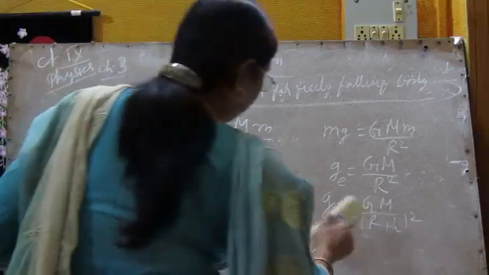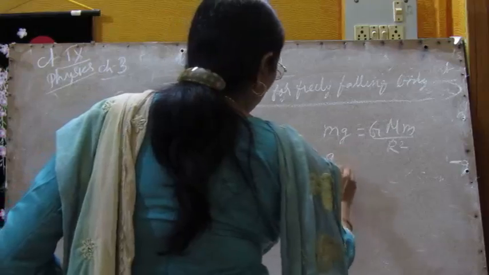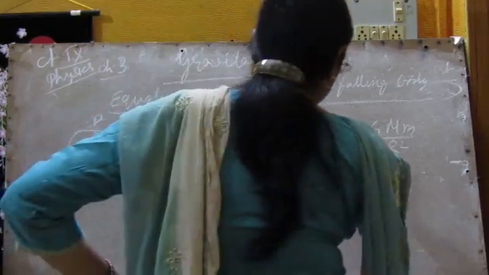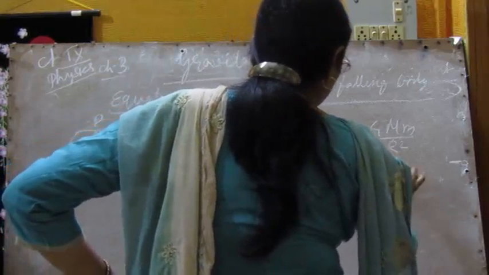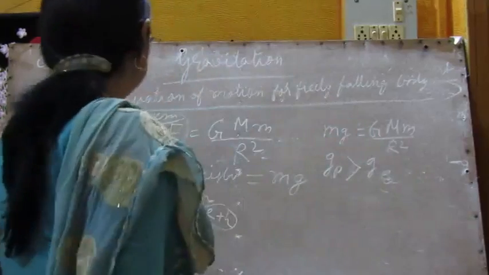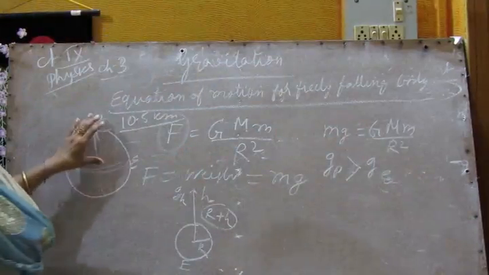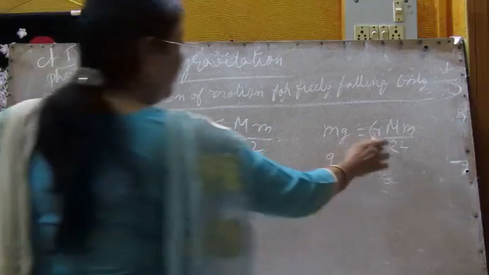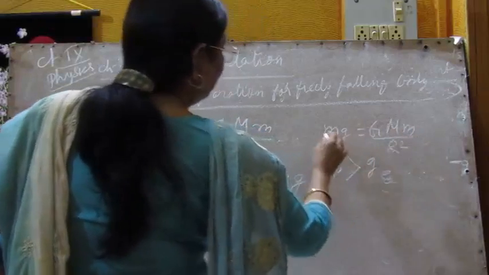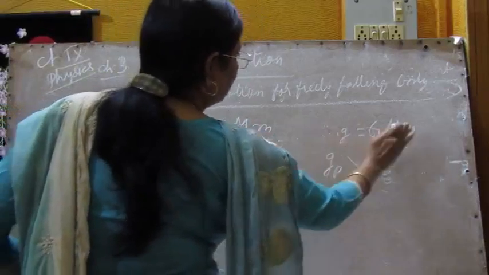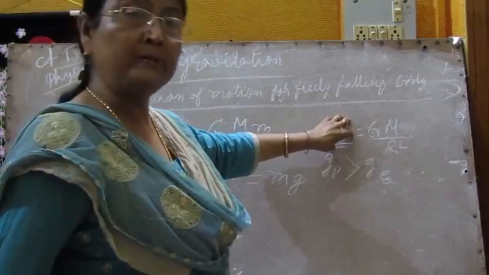Then we can write g pole will be greater than g equator. Why? Because the radius at the equator is much more than the radius at the pole. Since the down one, the denominator, will be greater, then the up one, the acceleration due to gravity, will be less.